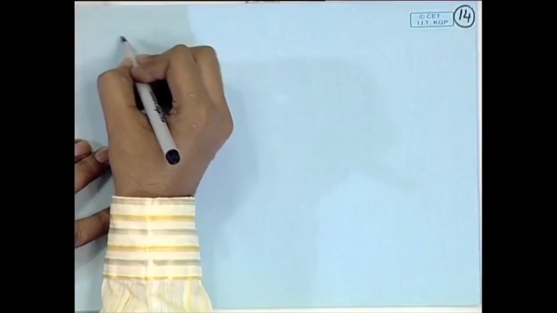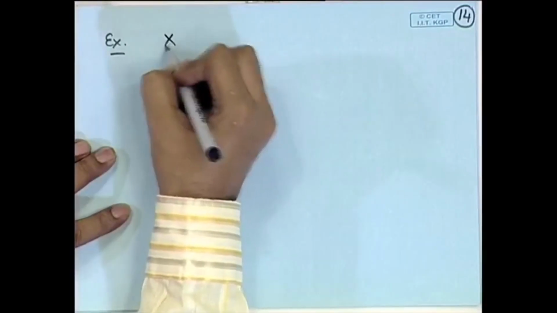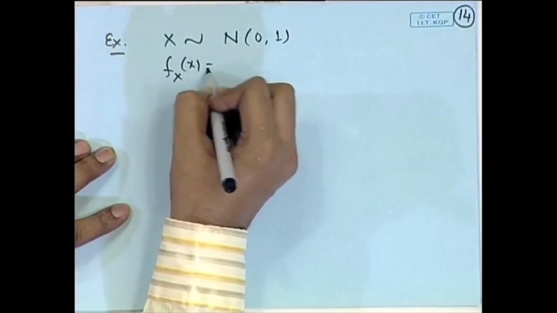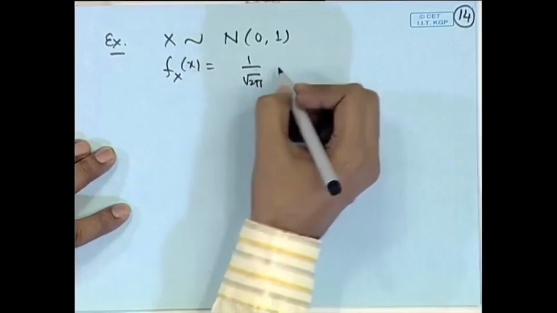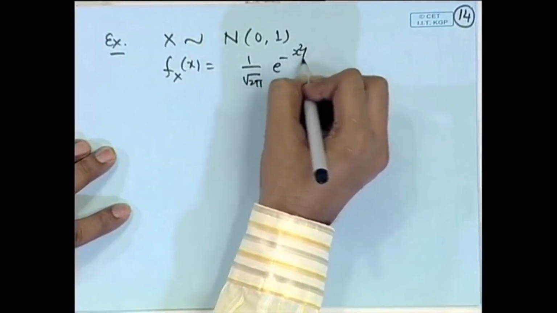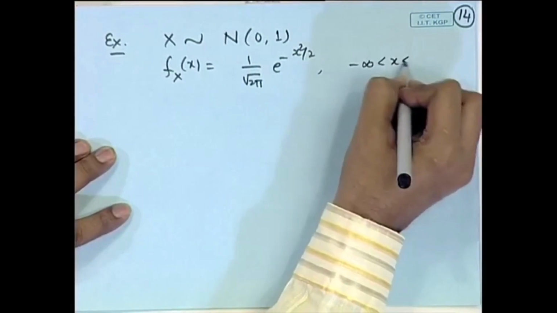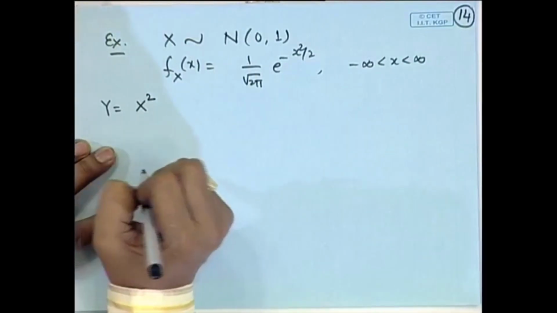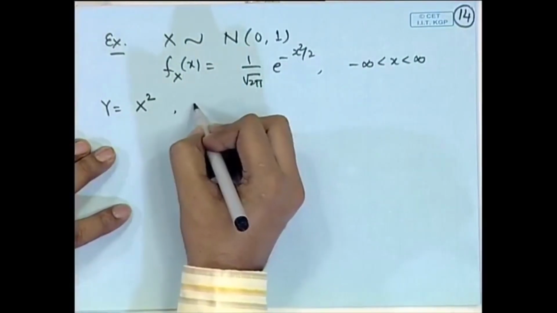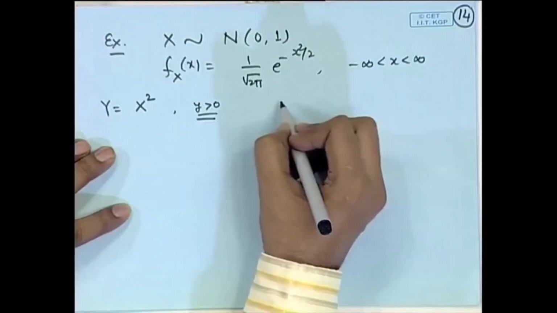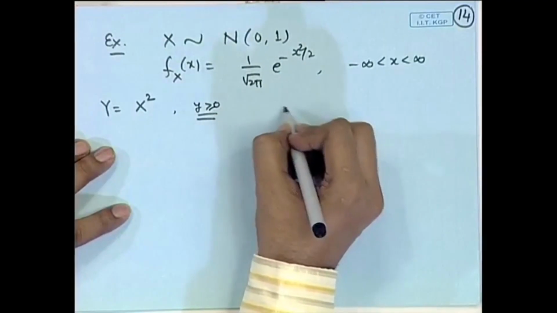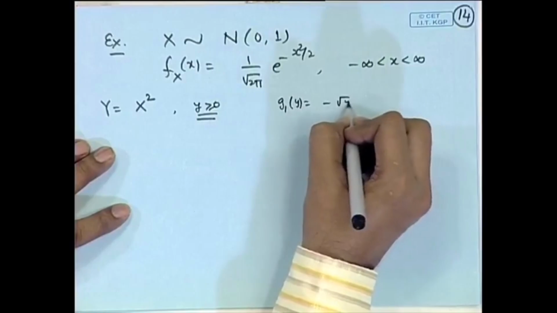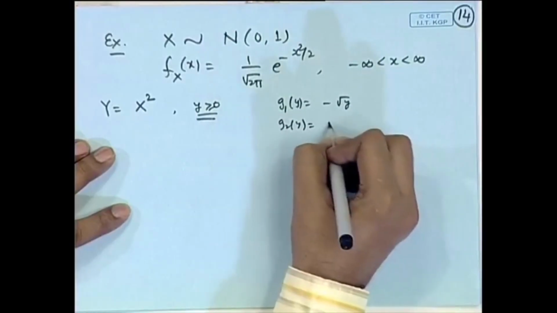Let us consider say x follows normal 0 1 distribution. So, the density function is 1 by root 2 pi e to the power minus x square by 2. Consider the function say y is equal to x square. So, now for a given y which is non-negative, we have two inverse images, that is g1 of y is equal to minus root y and plus root y.